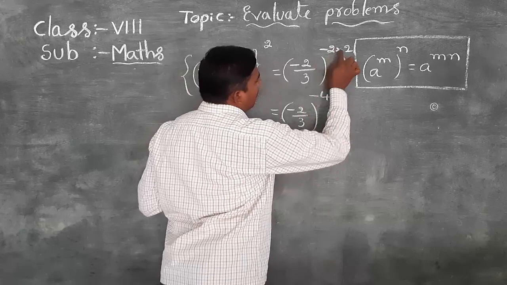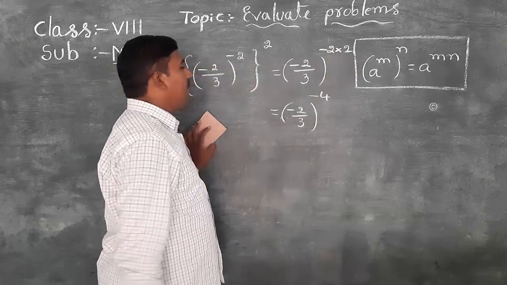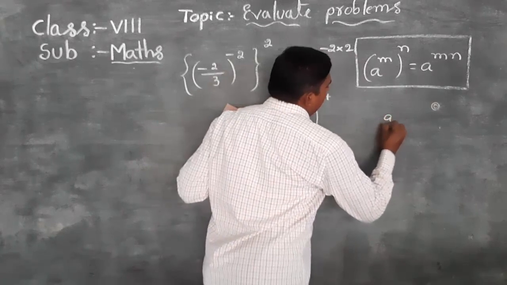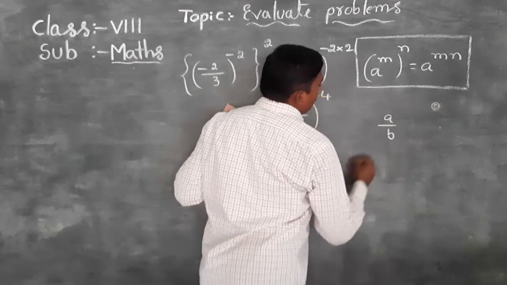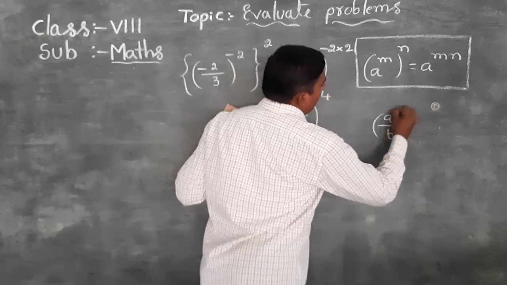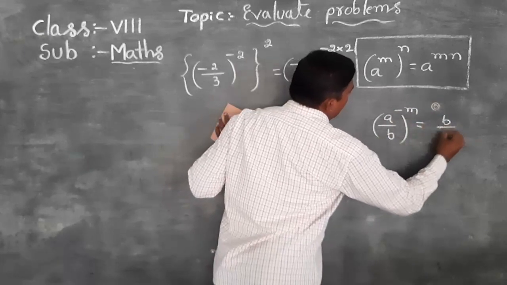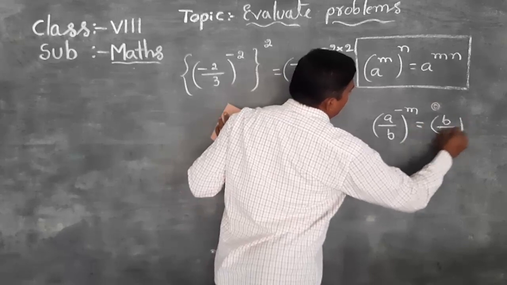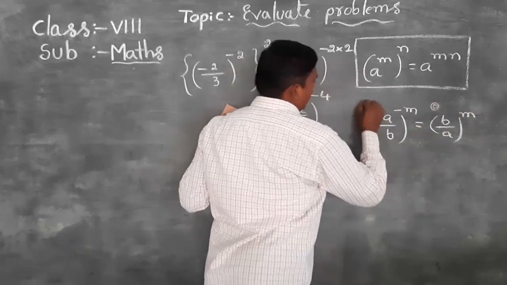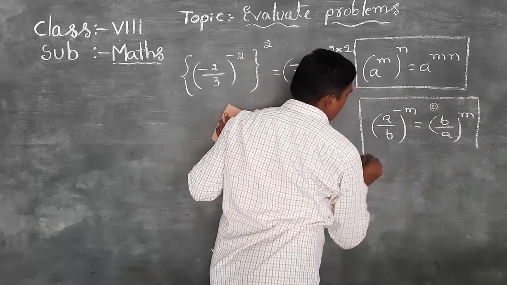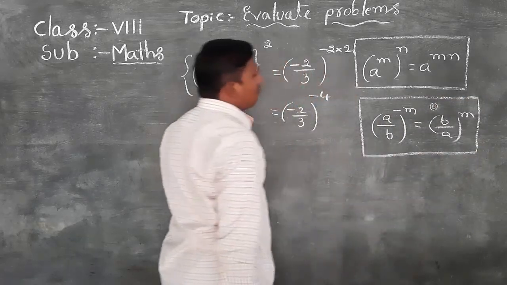Why? Minus into plus is minus. And we know this formula, (a by b) power minus m is equal to (b by a) power m. Using this formula we will do.